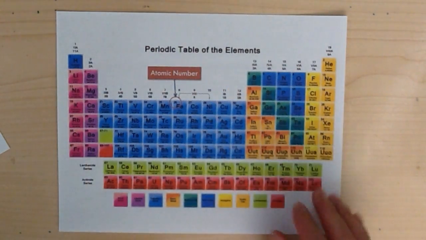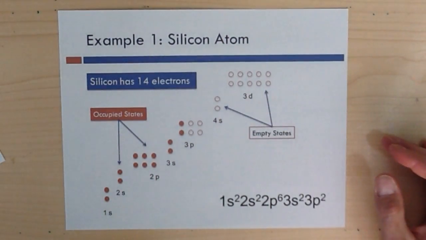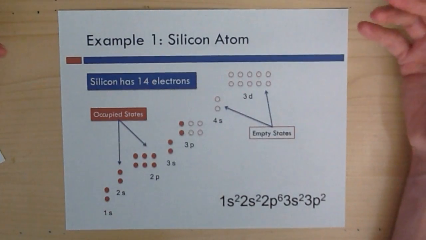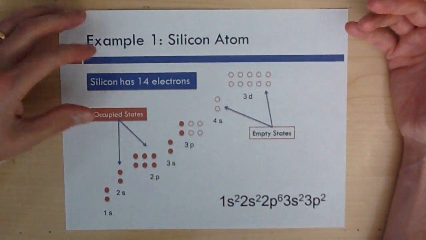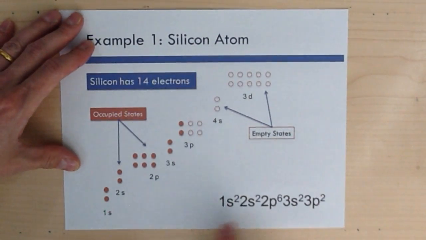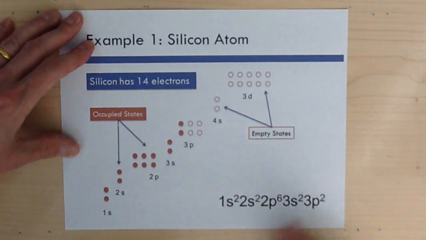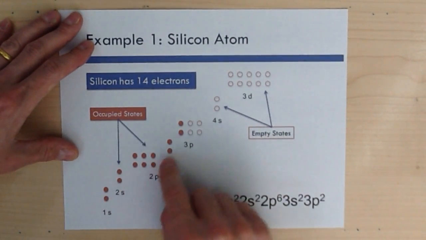And so when we consider an example, something like silicon, we have to take each electron and fill the lowest states first. And so I hope you remember from the past, there's this nomenclature of listing out the sublevels and then identifying how many are in each one.